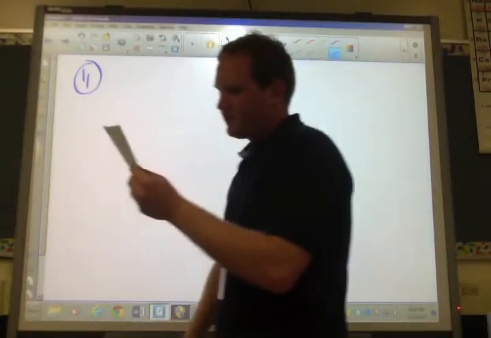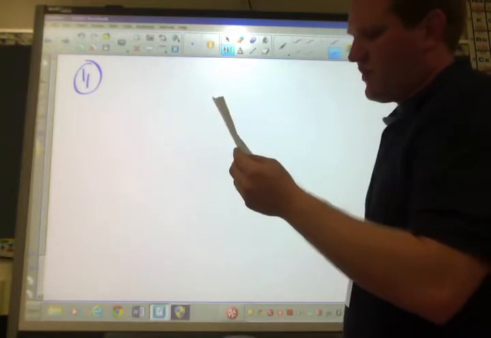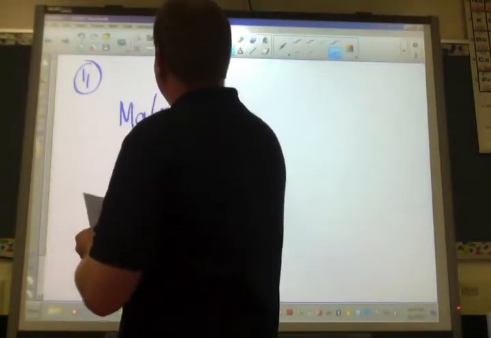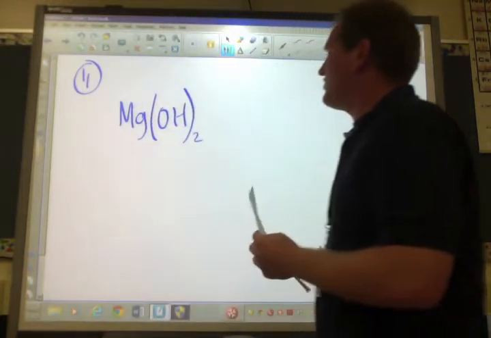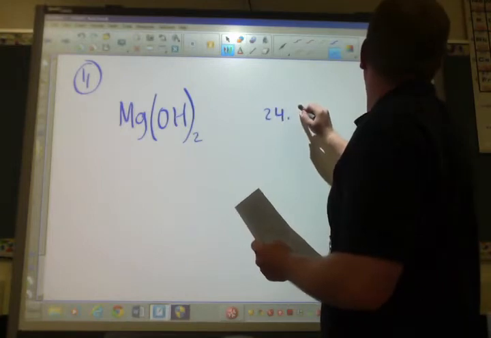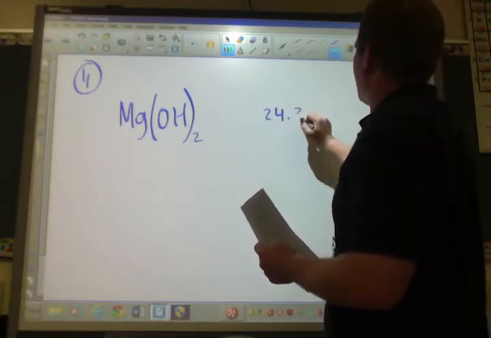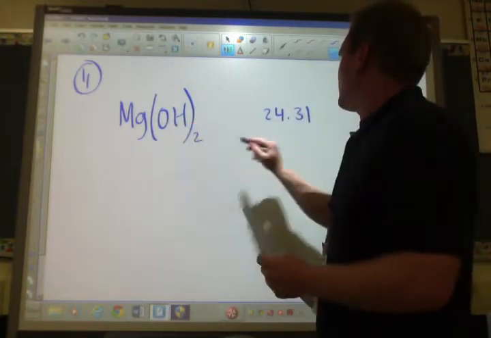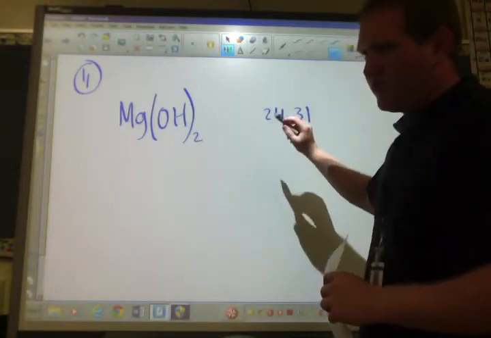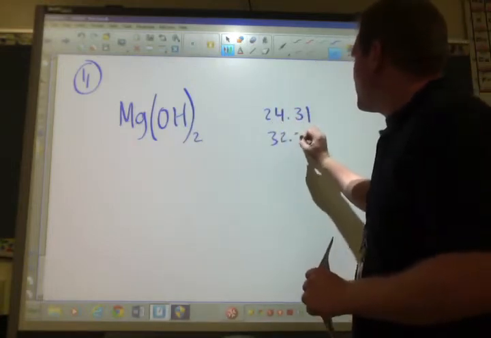Number 11. What's the molecular weight or molar mass of magnesium hydroxide? This is a naming problem. You gotta know this. So for magnesium, we have 24.31. For oxygen, we have 2 oxygens, so it's 16.00 times 2, so that's 32.00.